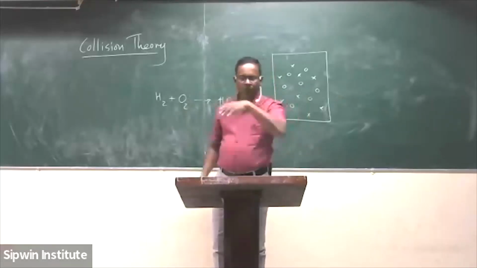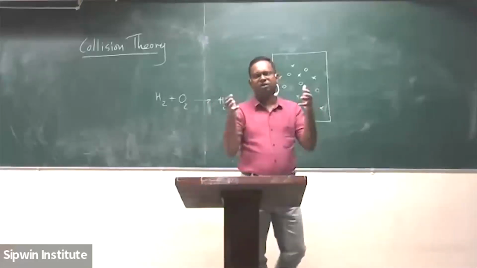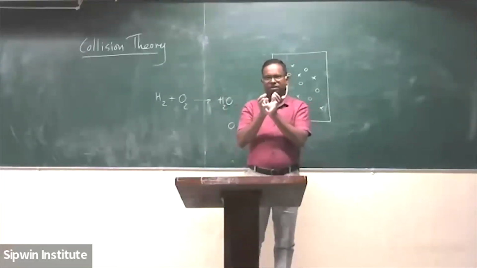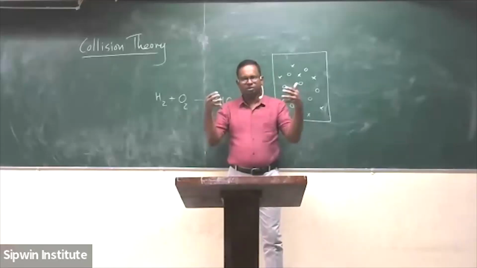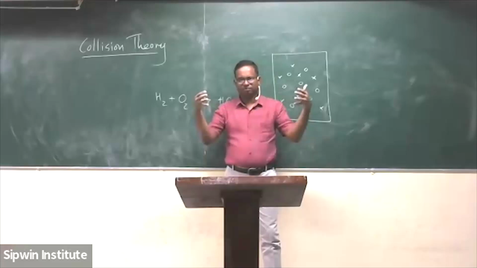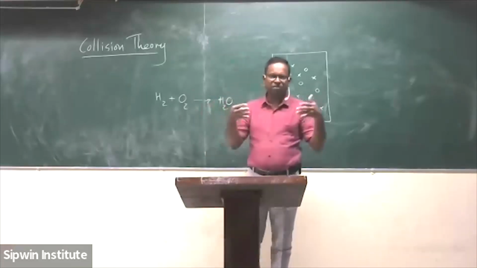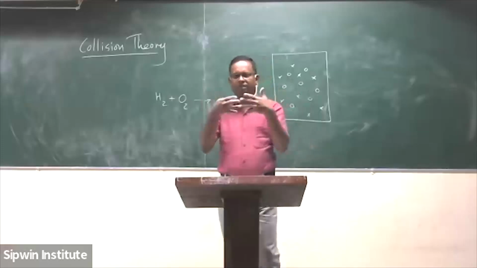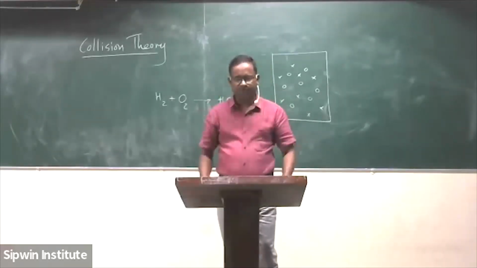Now, when you have a reactant mixture, collisions take place. Some of the collisions take place, they collide with one another, but after that they bounce back without passing into a product. Some of the collisions take place and they pass into the product.